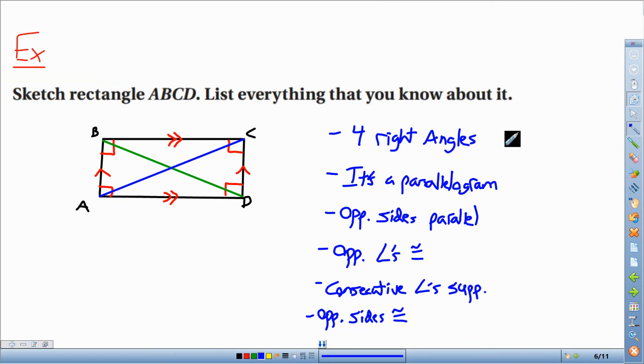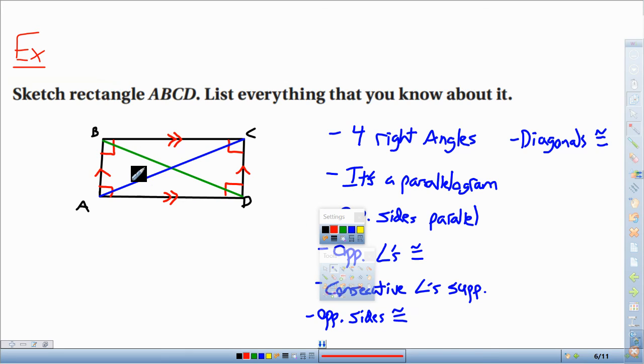Let's add it to the list: diagonals congruent. What else do we know about diagonals of any parallelogram is that they bisect one another, that this is congruent to this, and this is congruent to this. So diagonals bisect.